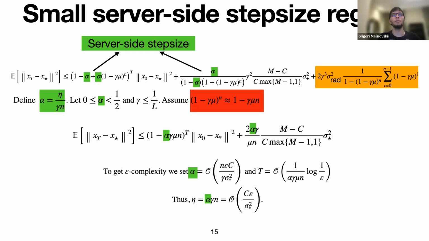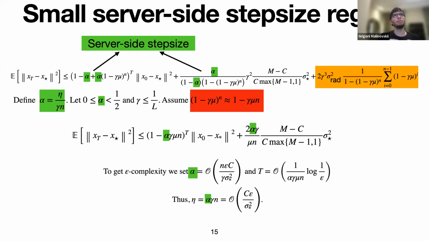And before I go to the experiments, I want to sum up all these considerations again. If we consider a large server-side step size, in some sense we mimic distributed gradient descent, and using a small client-side step size, we control local variance.